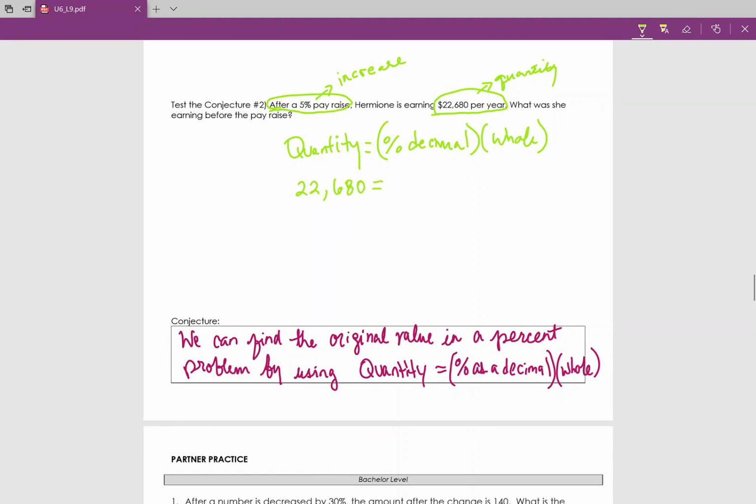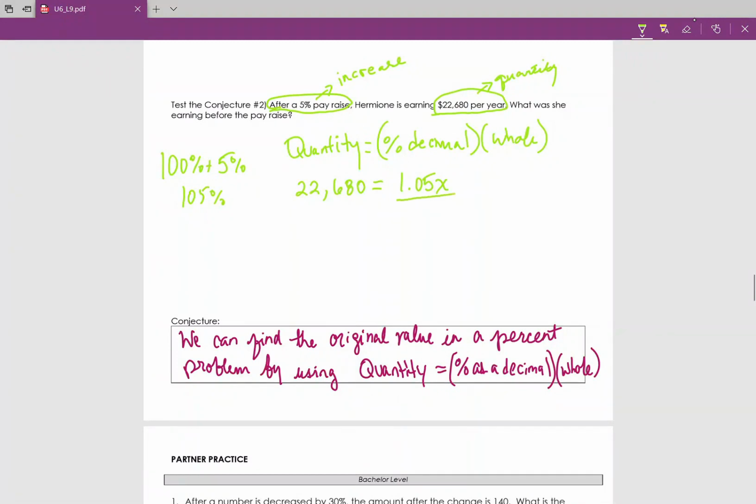And it equals, again, since it's an increase, what do I need to do with this 5%? I have to add it to 100%. I get 105%. And as a decimal, that's 1.05. In this equation, it says 22,680 is 105% of something.